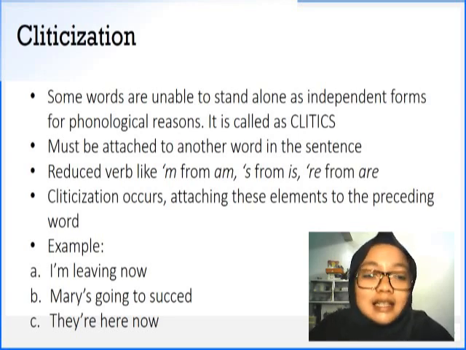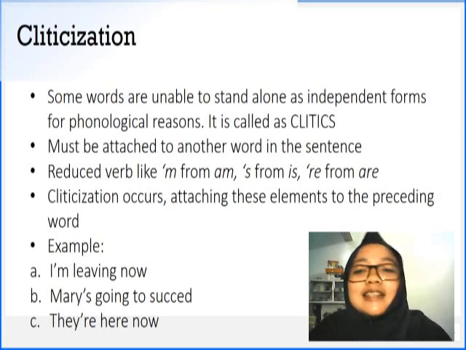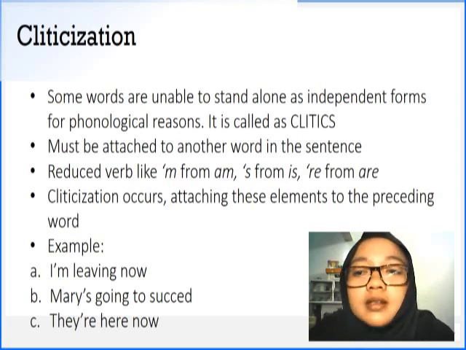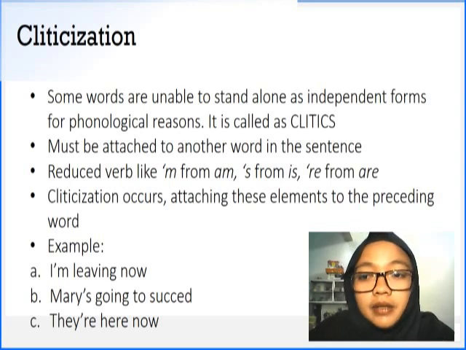What is cliticization? Cliticization is when some words are unable to stand alone as independent forms for phonological reasons. So it is called a clitic. Remember that the reason is a phonological condition.